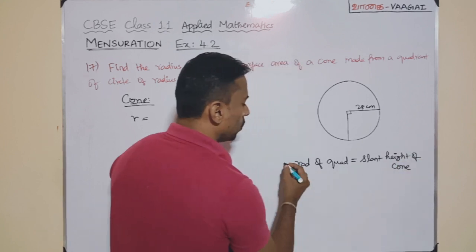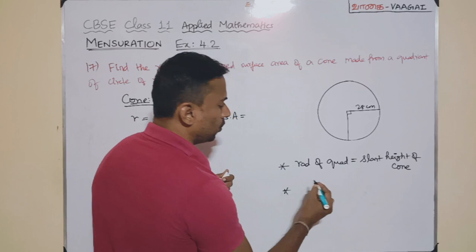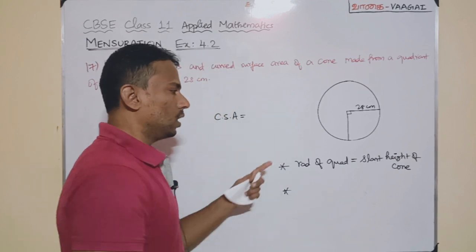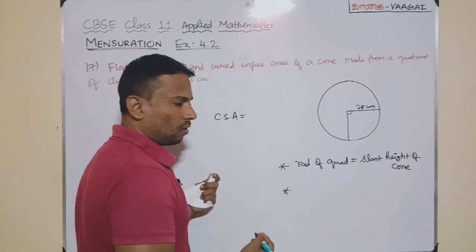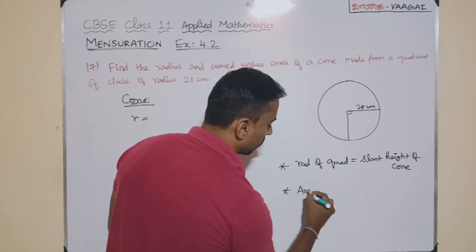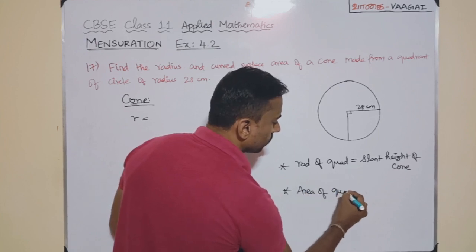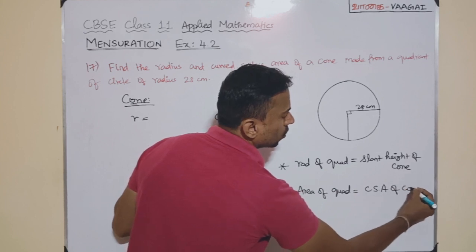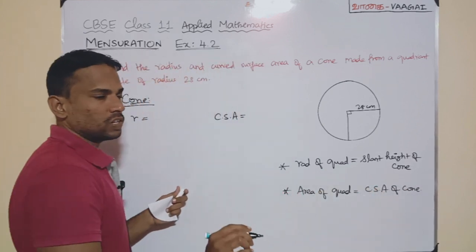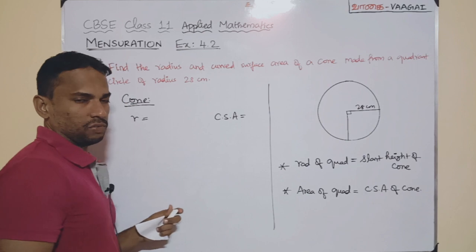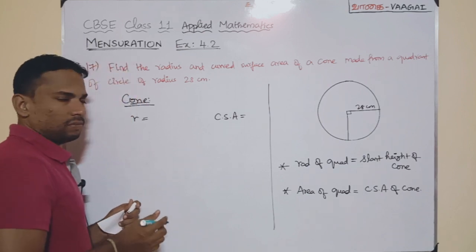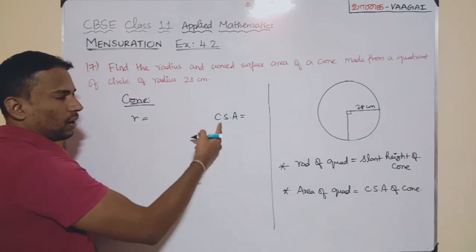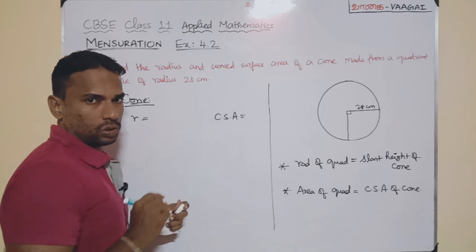And point number 2 is, next we also saw about the area of the quadrant, which is now the same as the CSA of the cone. So these two things we have to remember very, very carefully. Now why I gave this is, now see here, I have to find the CSA of the cone.